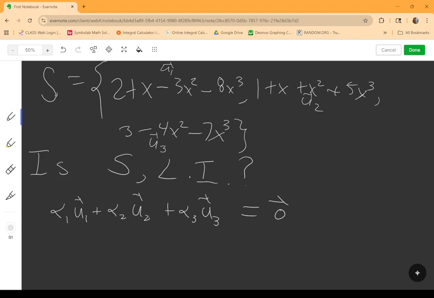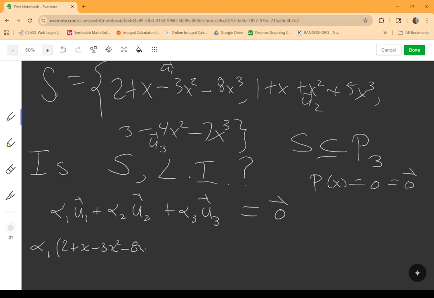Here we'll assume that S is a subset of P3, all polynomials up to and including polynomials of degree 3. So again, the standard definition of it, our 0 vector there is this.